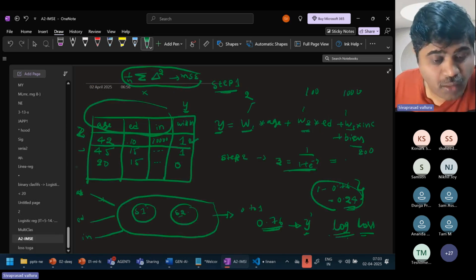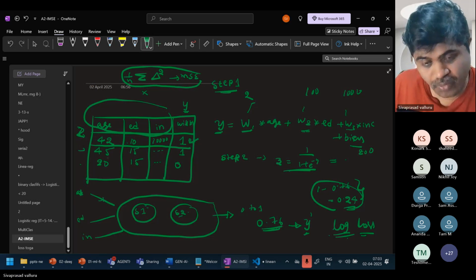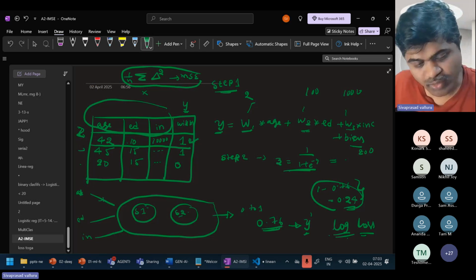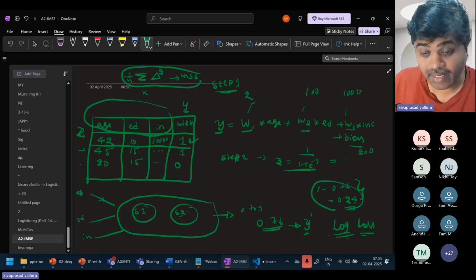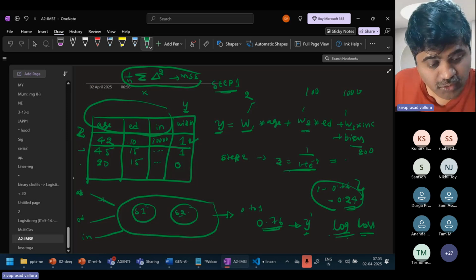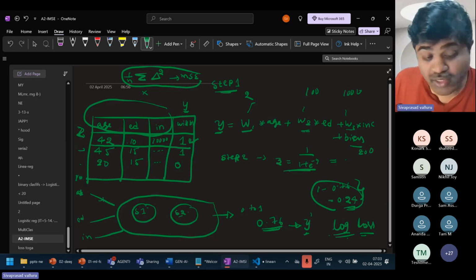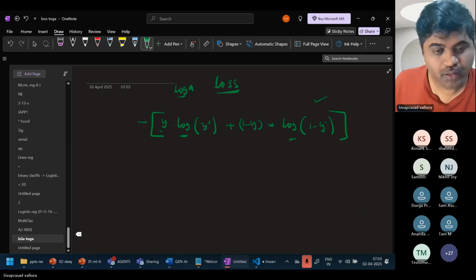So third row, loss. What we do is we pass all this data, each one by one, to this algorithm, and we get total loss for all the rows. Suppose if there are 1,000 rows like this, we'll get total loss, right?